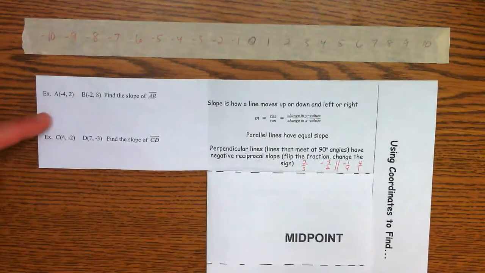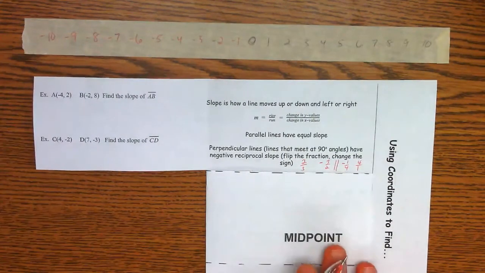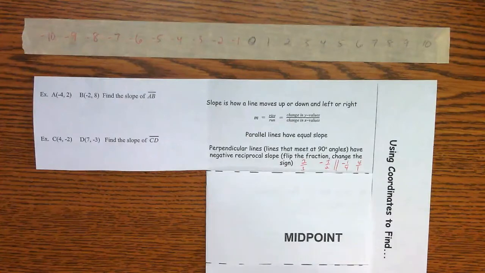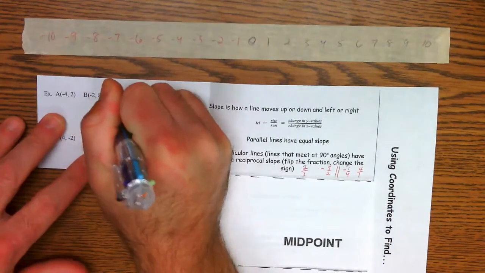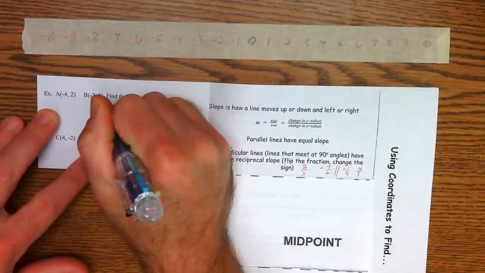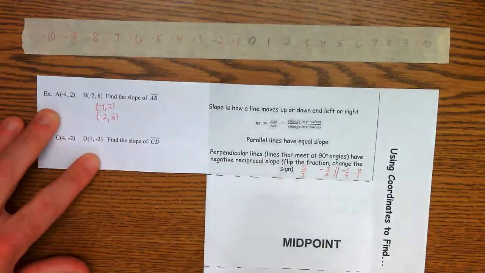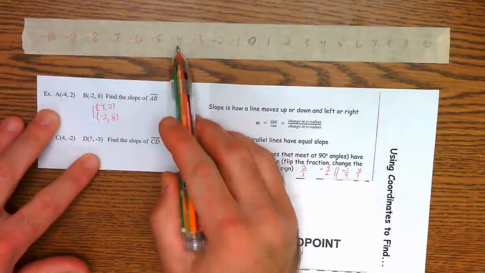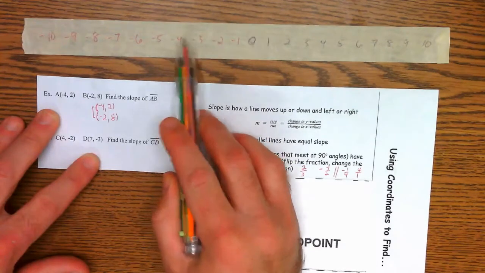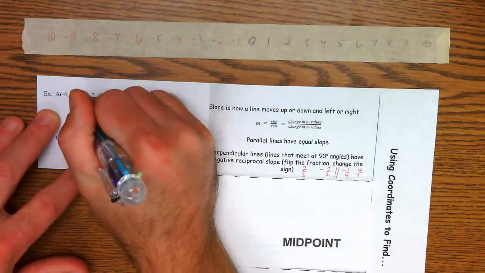So I'm going to do one example, and then I'll leave the other one for you to do. Here's how I calculate slope. If we want the slope between A and B, I put A here, so negative 4 comma 2, and B is negative 2 comma 8. First we find the distance between the x values. Negative 4 to negative 2, you go up 1, 2, so up 2.